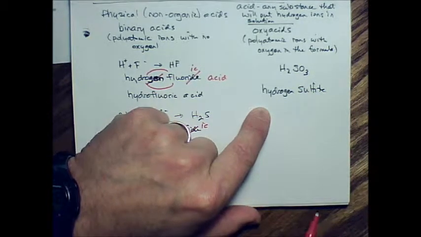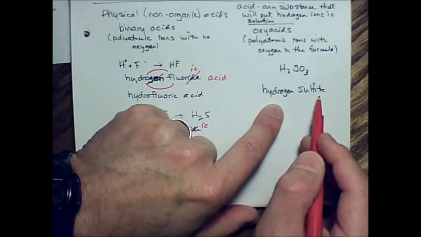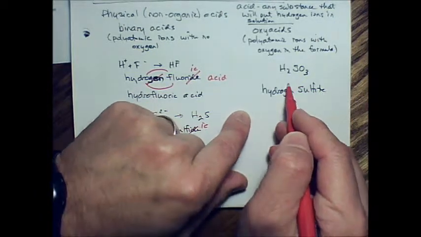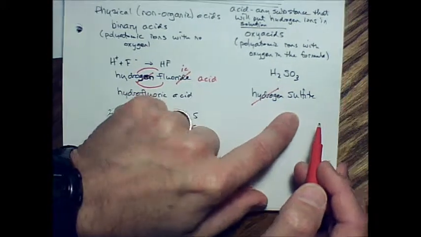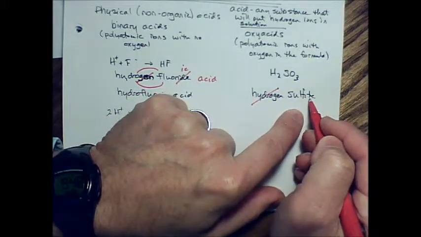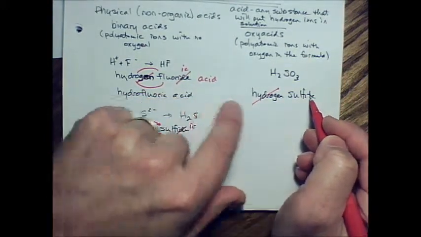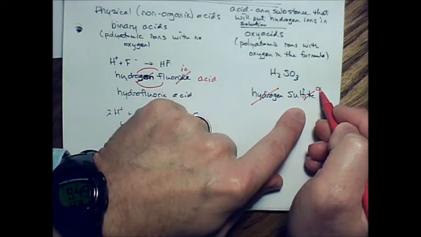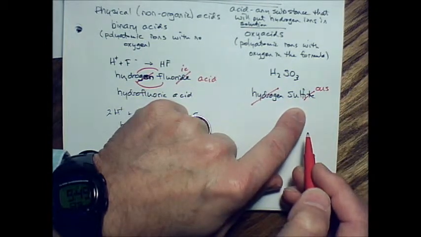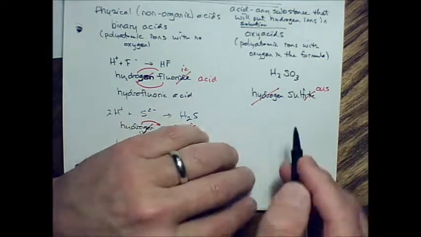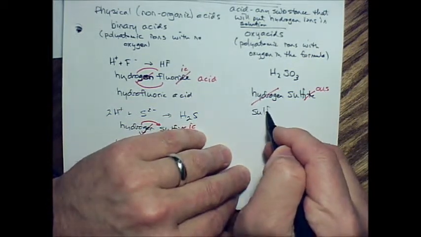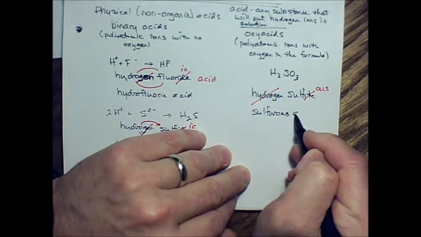When we name acids with anions that have oxygen in them, we drop hydrogen off the front entirely. Okay? ATE endings get changed to IC as well, but ITE endings get changed to OUS. Okay? And again, with sulfur, we put that UR back on there, we get sulfurous acid.